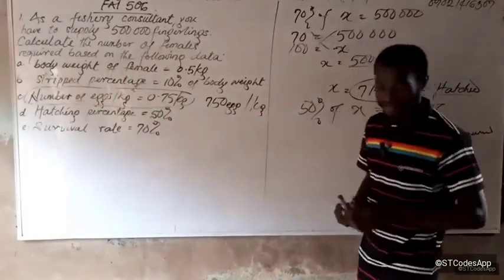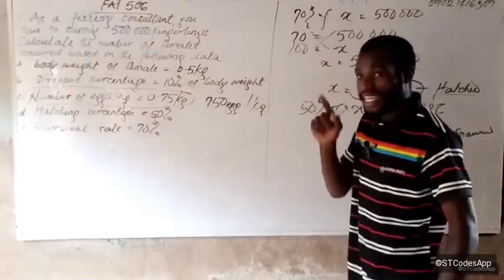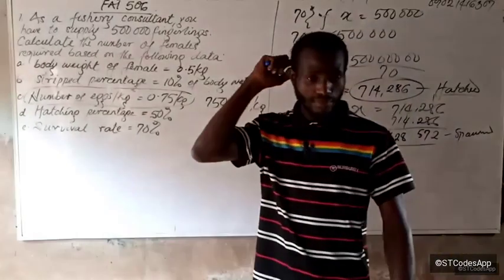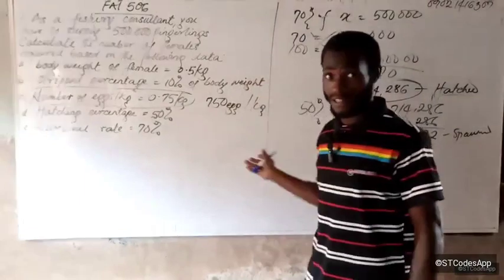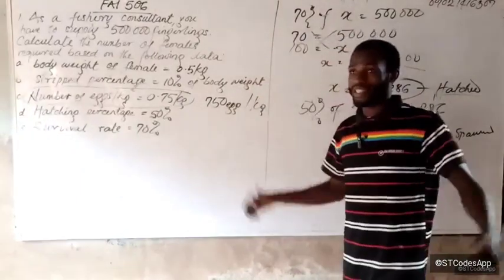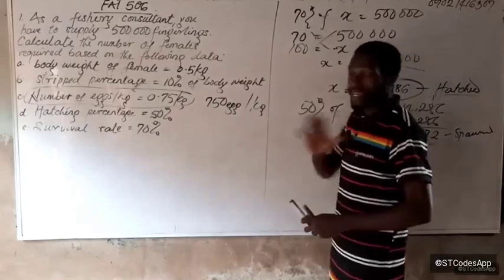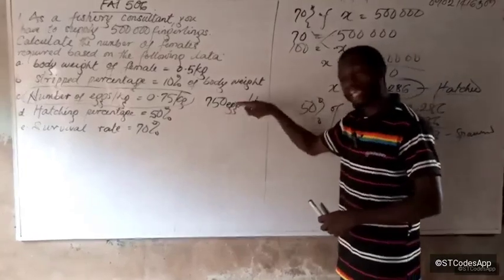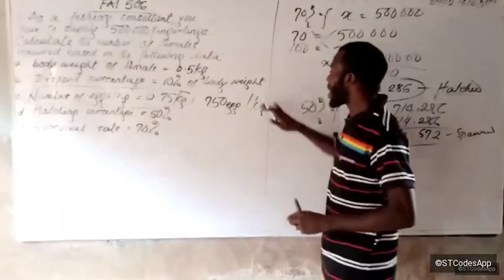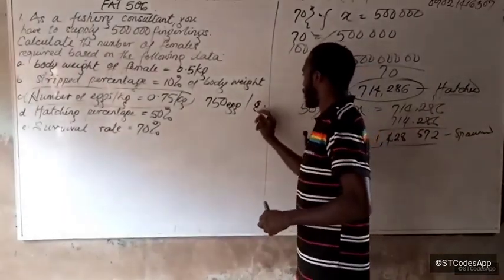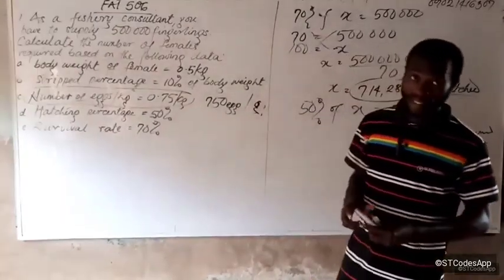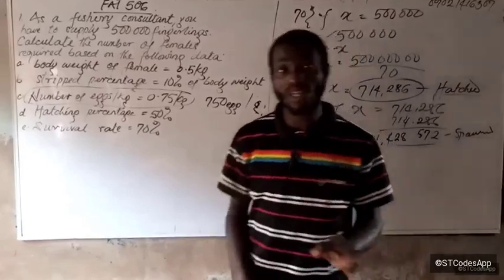So actually, the best analogy, and listen to this, I actually asked an engineer about this, so I did not come up with this by myself alone. It only makes sense to say that these 750 eggs are per gram. I don't know if you got that. This 750 eggs is per gram.